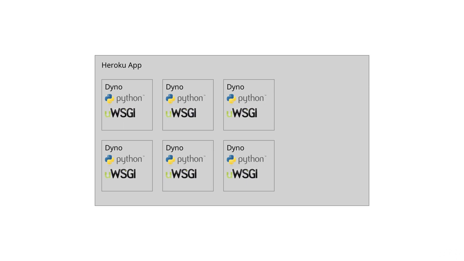Each dyno can deal with many users, but if you have 6, that's 6 times more users you can deal with, more or less. All of these dynos can interact with the same database, so data can be shared between them, and overall, this increased number of dynos would make your app go faster and be more available. However, you will have to pay if you want to increase the number of dynos. So that's a limitation there.